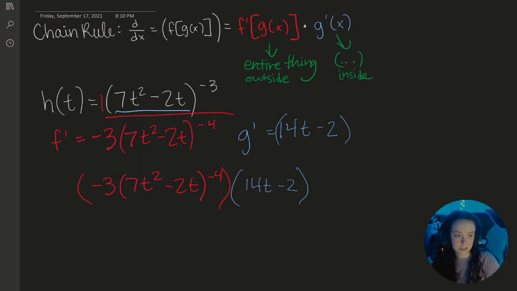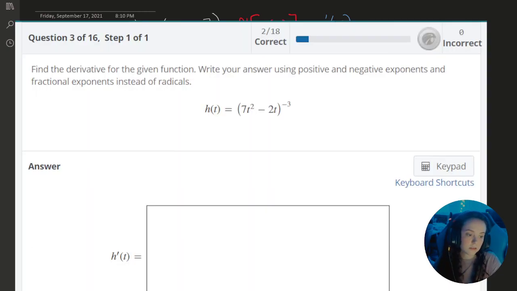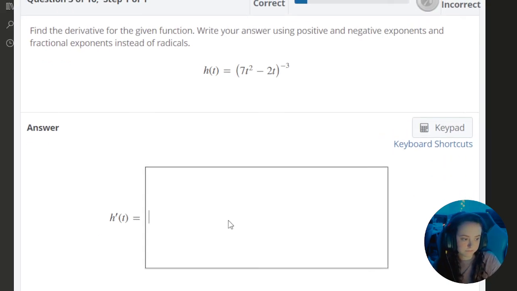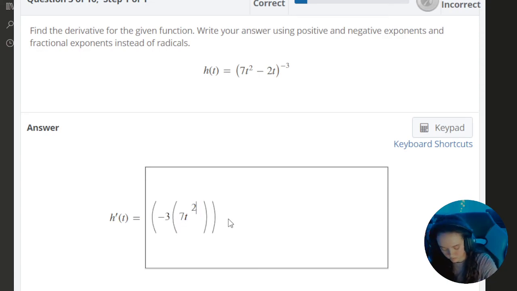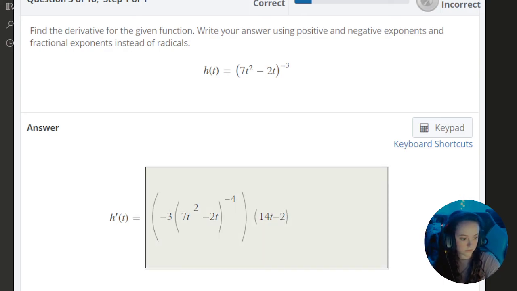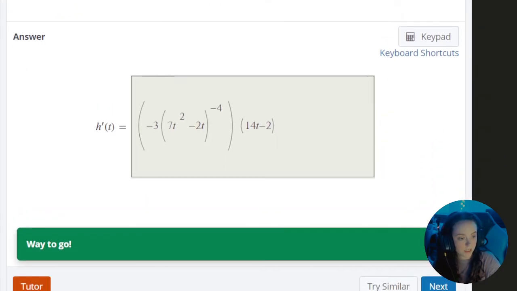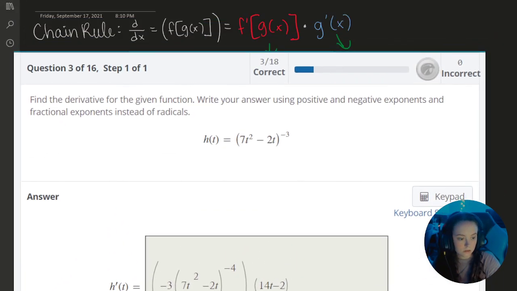As long as you have the parentheses around the second part, you should be fine. So we're going to put that in and see if we got it right. And so that y'all can see, it is correct. Okay.